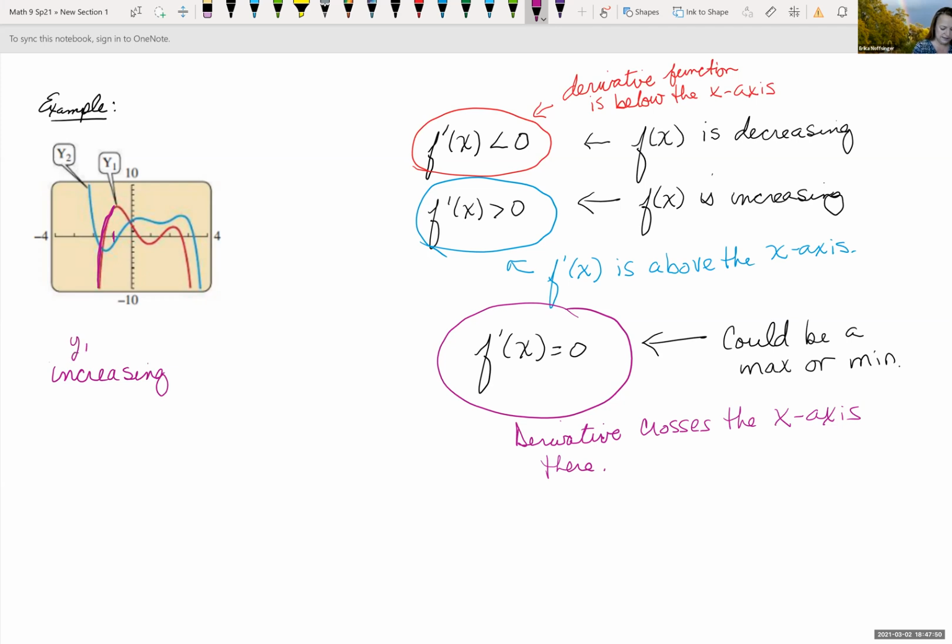So y sub 1 is increasing on the interval from negative infinity to negative 1. And I also see that it's increasing from x equals 1 to 2, so union 1 to 2.